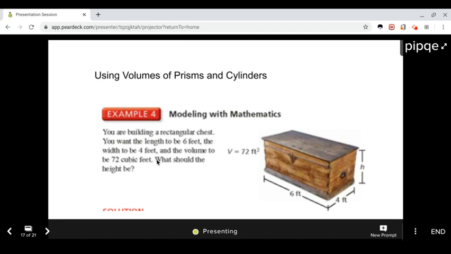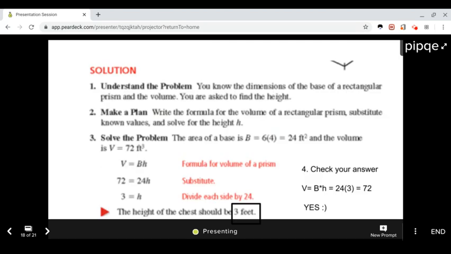What should the height be? What I can see off the bat is I can multiply all of these, so I would have 72 equals 6 times 4 times h, and then solve for h that way.